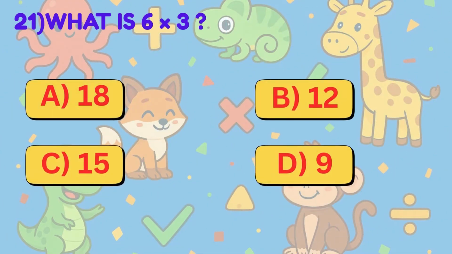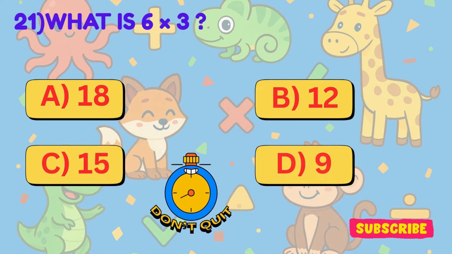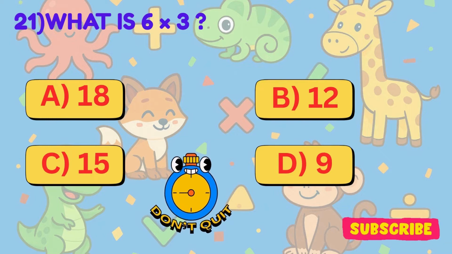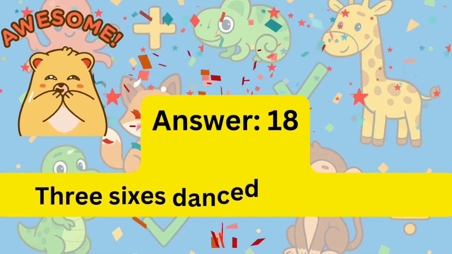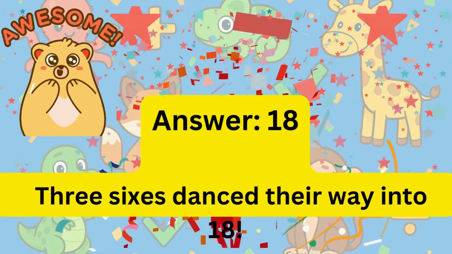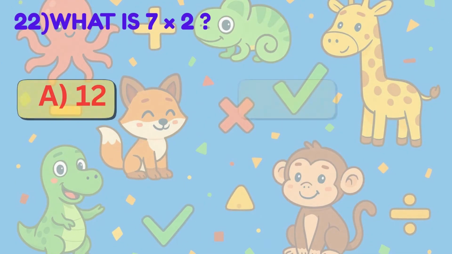21. What is 6 times 3? Is it A, 18, B, 12, C, 15, or D, 9? Correct answer is 18. 3 6s danced their way into 18. 22.